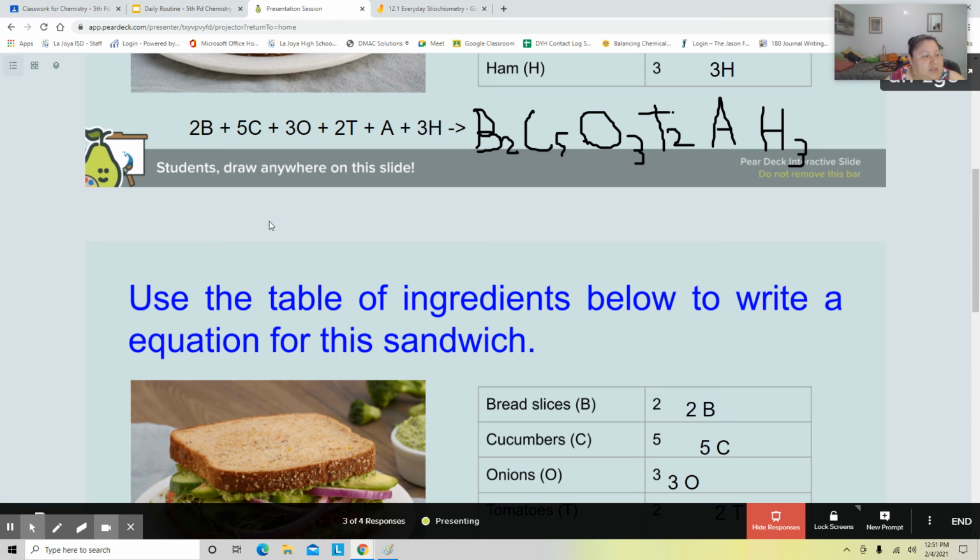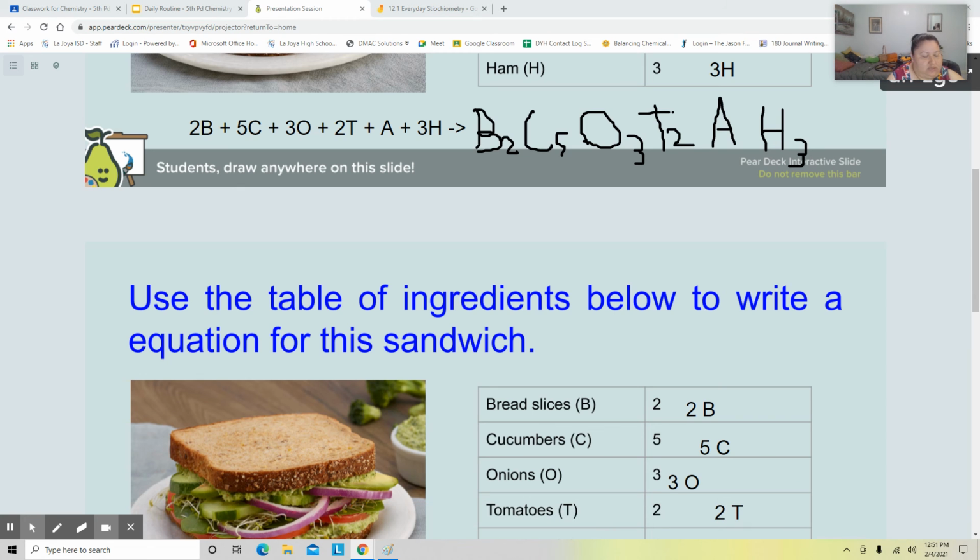How many cucumbers? 5 cucumbers. 5C, right? Very good. And you can put that they equal each other, Oscar. You can put 3O equals 5 cucumbers. Okay, that's how you show your conversion.